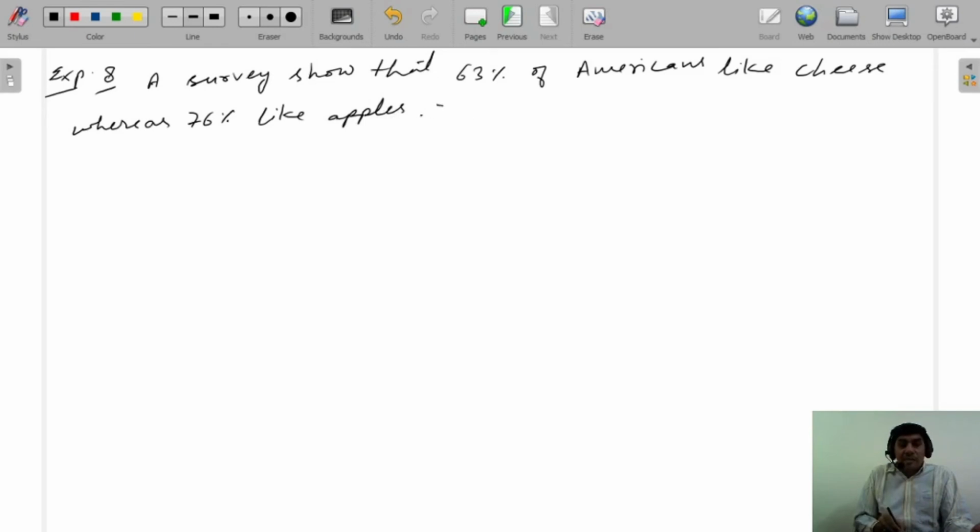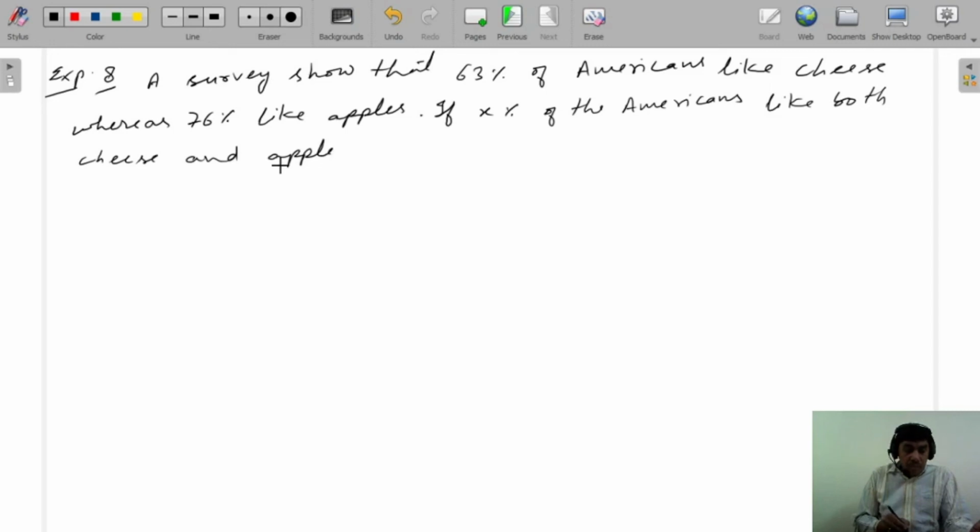If X% of the Americans like both cheese and apple, find the value of X.